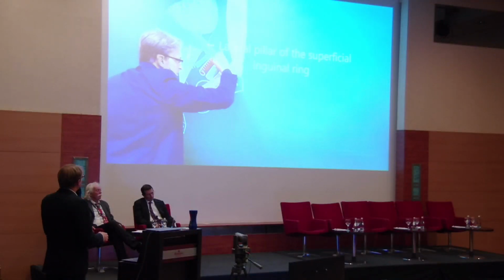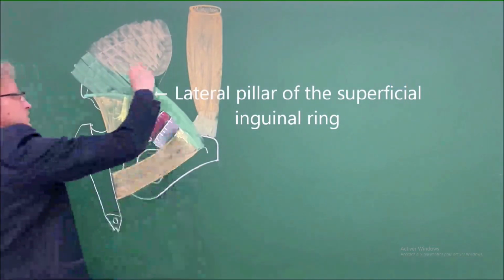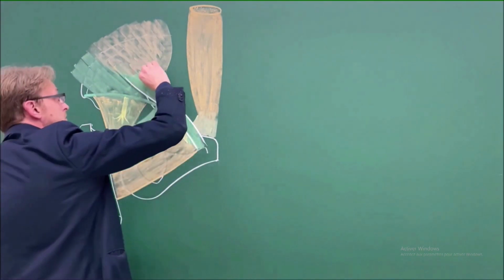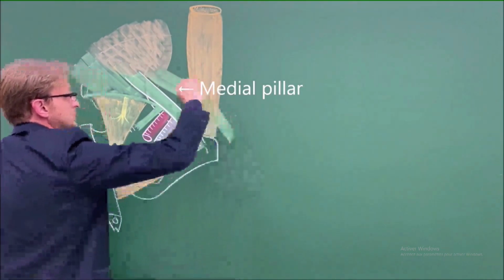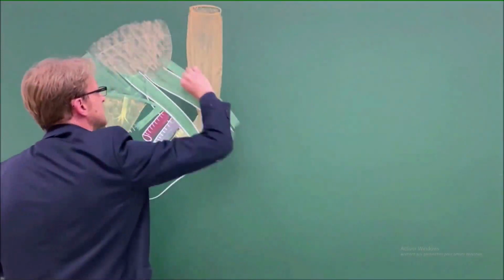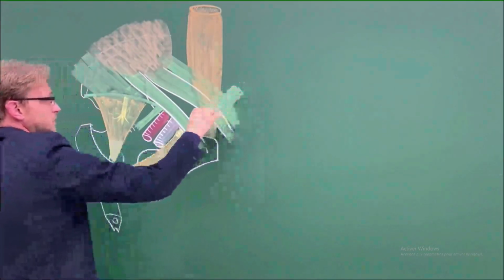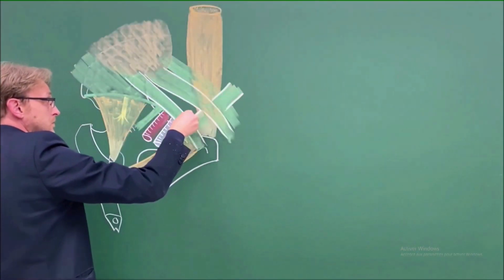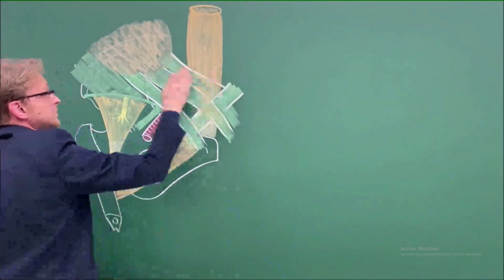The aponeurotic part is forming some pillars. This is the lateral pillar of the superficial inguinal ring, forming the lateral edge of the superficial inguinal ring. Then the medial pillar, forming the medial edge of the superficial inguinal ring. And then other fibers and the pillar coming from the contralateral muscle, also called posterior pillar or pillar of Colles.